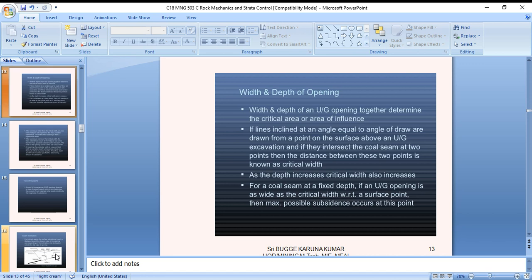As the depth increases, the critical width also increases. For a coal seam at a fixed depth, if an underground opening is as wide as the critical width with respect to a surface point, then the maximum possible subsidence occurs at that point.